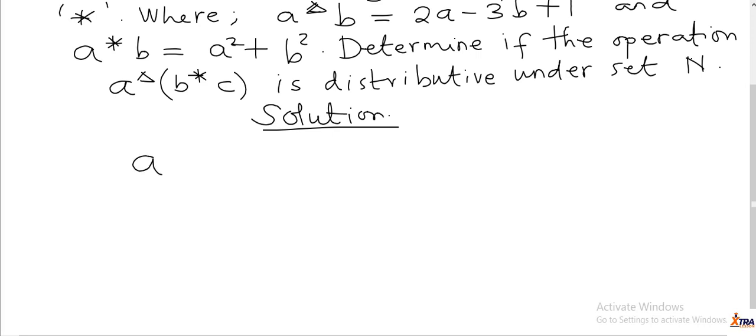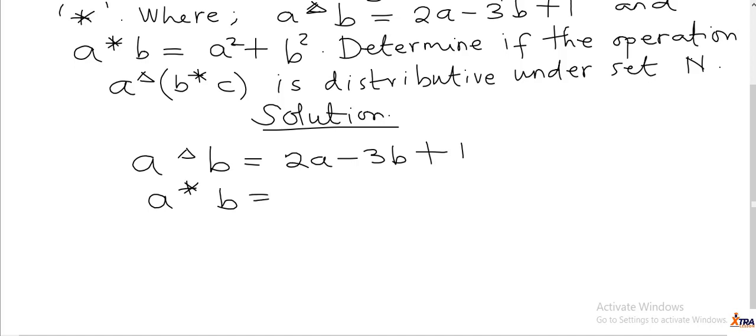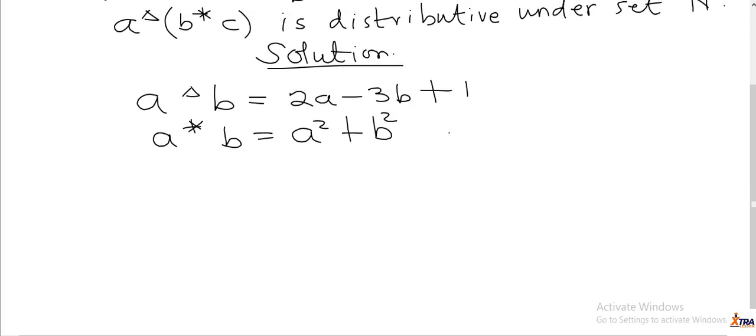My A triangle B is 2A minus 3B plus 1, and then the second operation, which is the asterisk, A asterisk B giving us A squared plus B squared. So these are the two operations we have, but then to show its distributivity, we need to analyze the particular one we are given for distributivity.